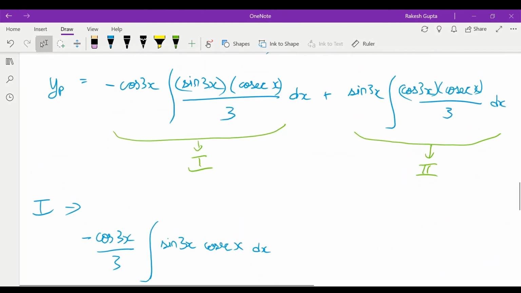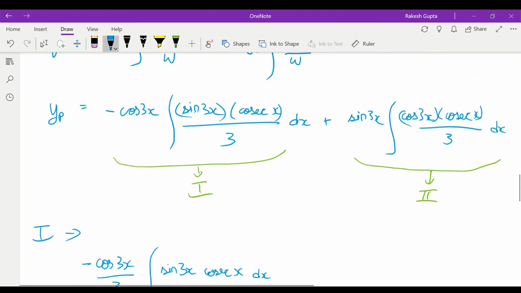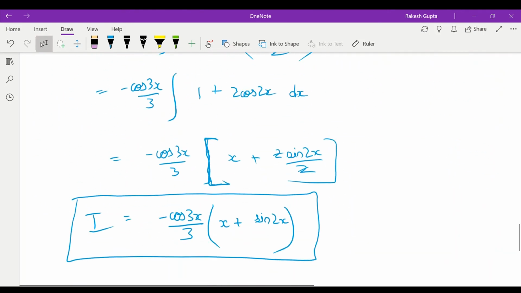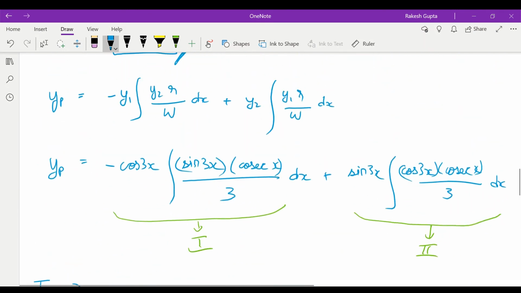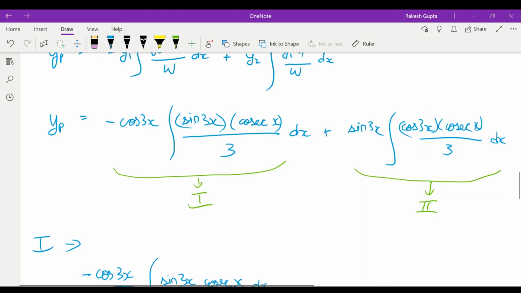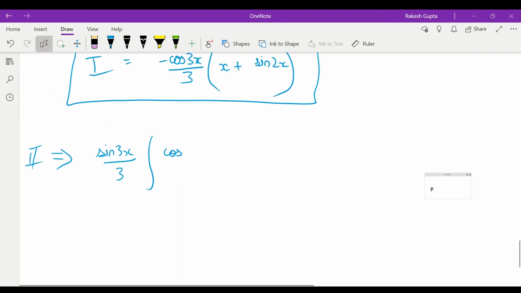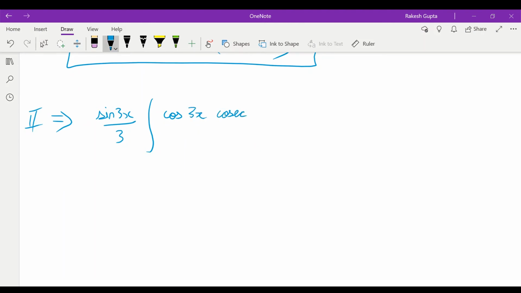Now we'll have to solve for part 2. Part 2 is given by sine 3x, again I'm going to take 3 outside, multiplied with cos 3x cosecant x dx.